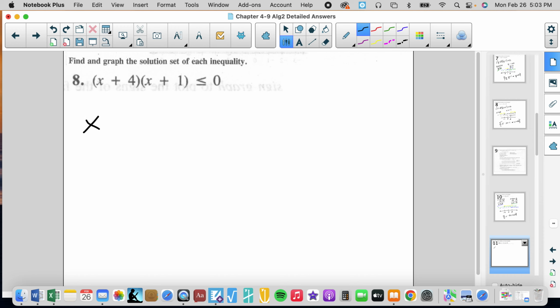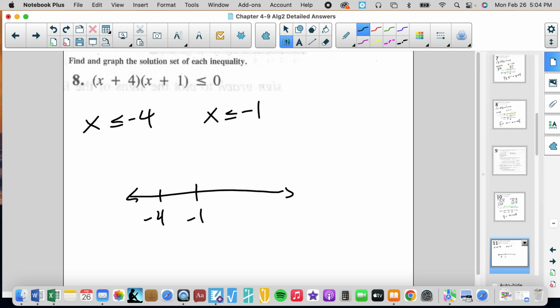Nice. So we get x is less than or equal to negative 4. X is less than or equal to negative 1. Negative 4, negative 1. We have 0. We've got pluses, we've got negatives, we got 0, we got pluses, we got negatives.